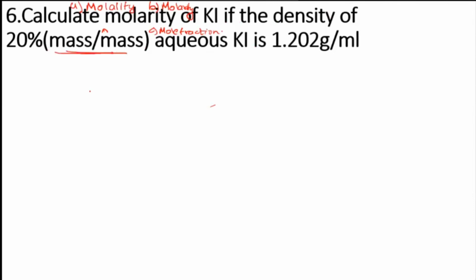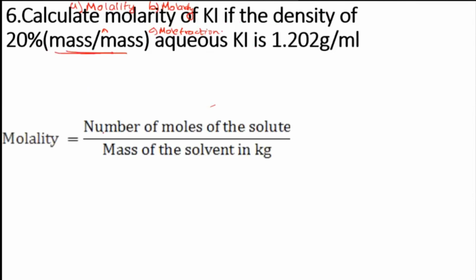So now we'll go for molality. If you want to calculate molality, formula is this: number of moles of the solute by mass of the solvent in kg, okay? So you need number of moles of the solute. And here one more thing will be given to you, okay? This will be given, molar mass, okay? Molar mass of potassium is 39, and that of iodine is 127.